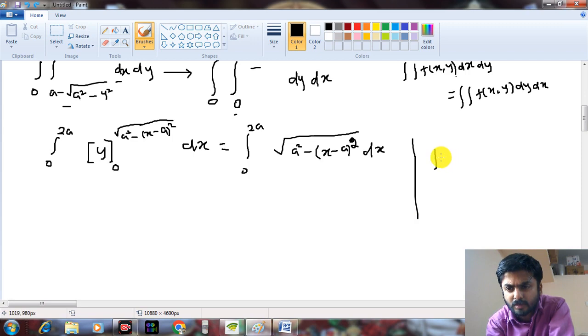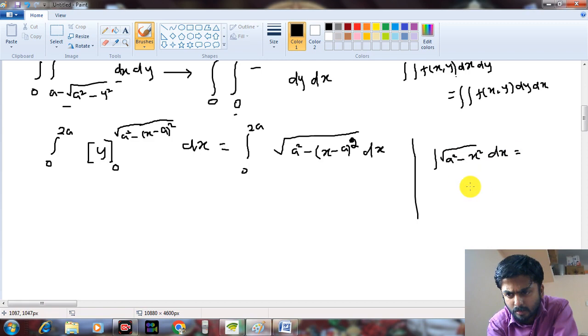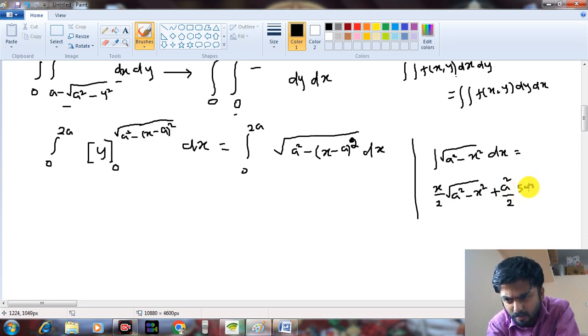The integral of root of a square minus x square dx is equal to x by 2 root of a square minus x square plus a square by 2 sine inverse of x divided by a.